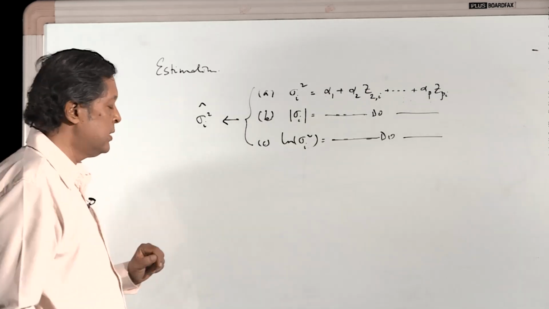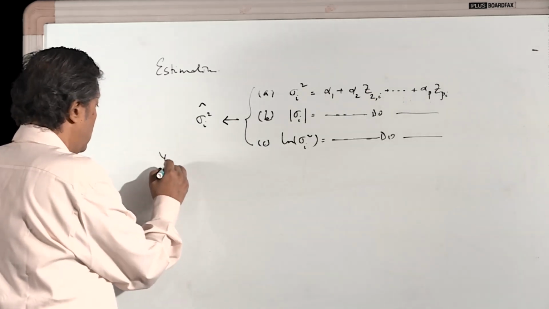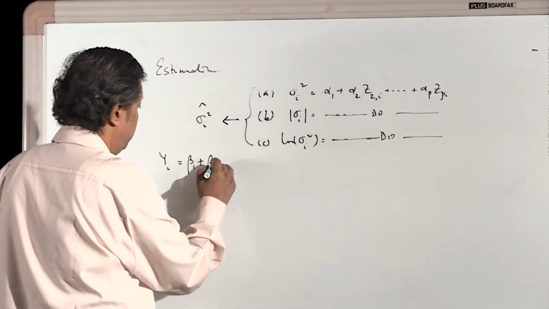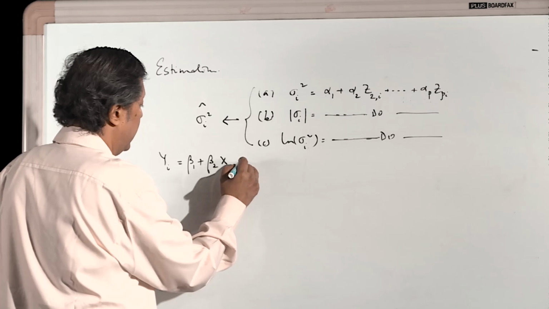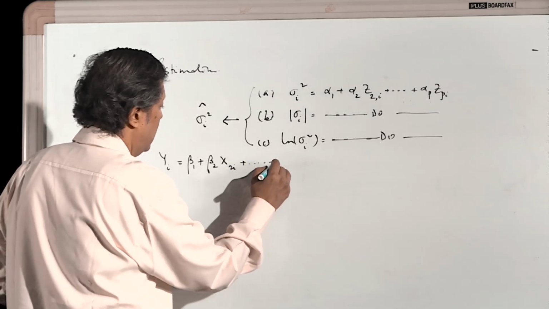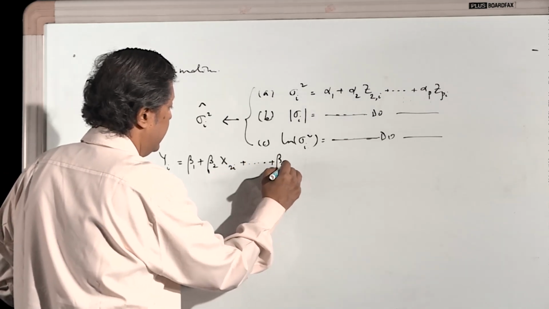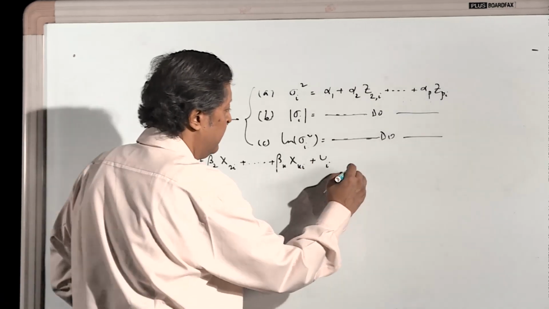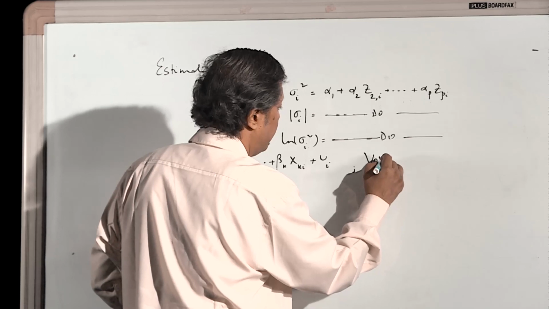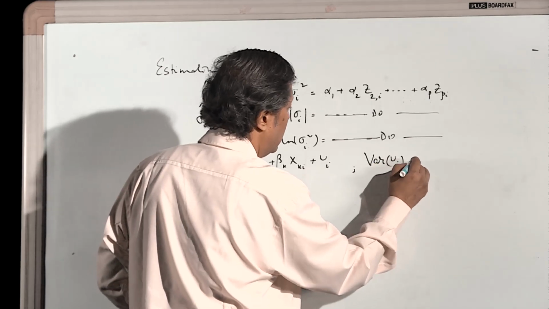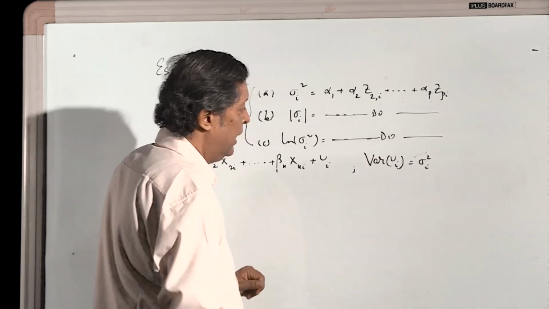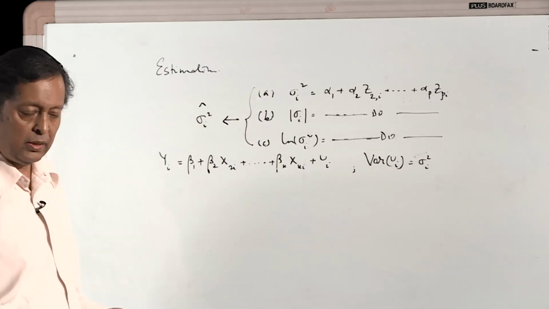Now, what we do is, the model was yi equal to beta 1 plus beta 2 x2i up to beta k xki plus ui, where the variance of ui is equal to sigma square i, and we have already estimated sigma square i.